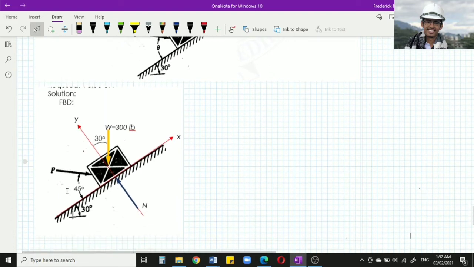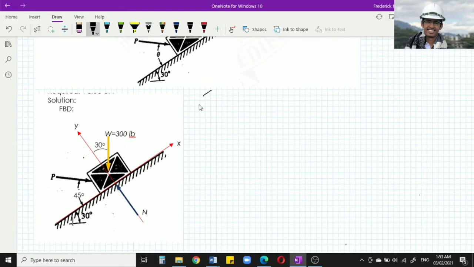So, gagamitin natin yung equations ng ating equilibrium. So, summation of forces will be equal to 0. So, summation of forces along x is equal to 0. So, going to the right side is always positive, okay? So, force P, that will be P. So, we have a angle 45 degrees.